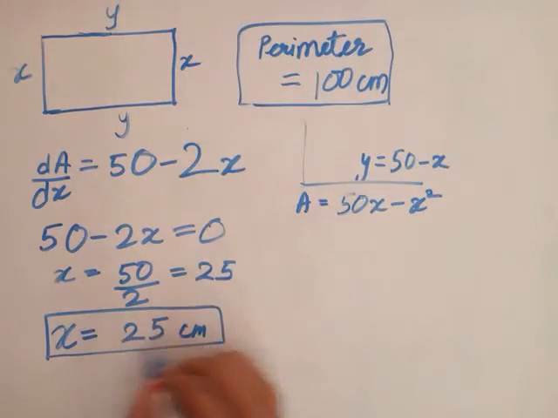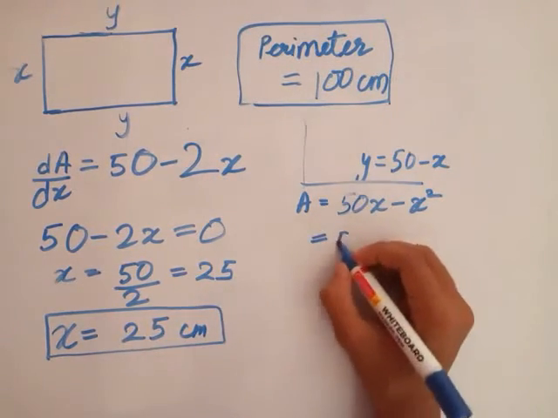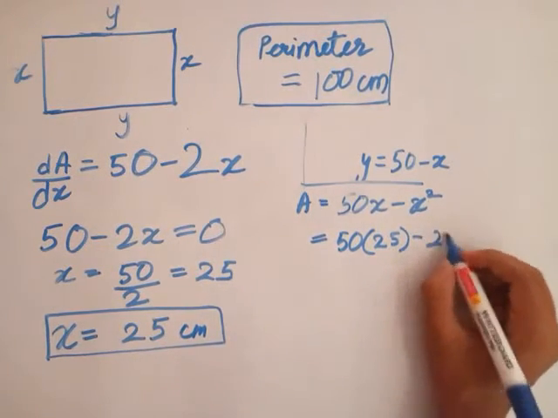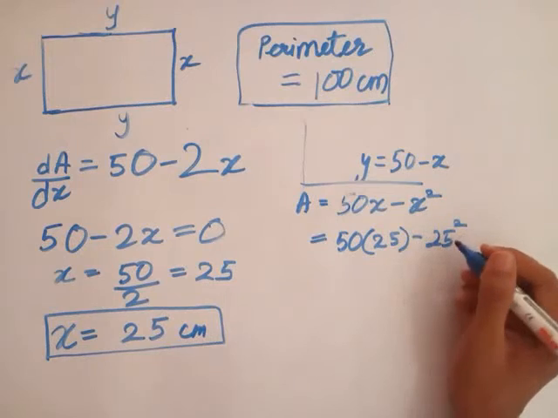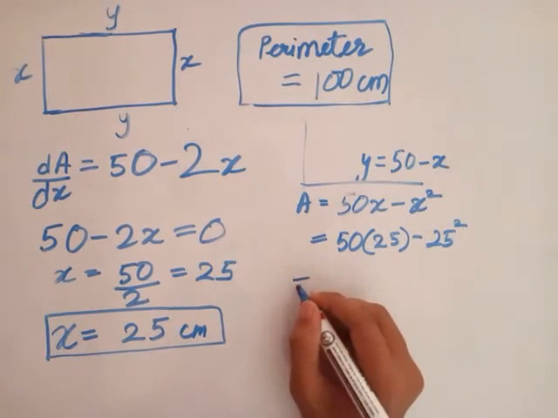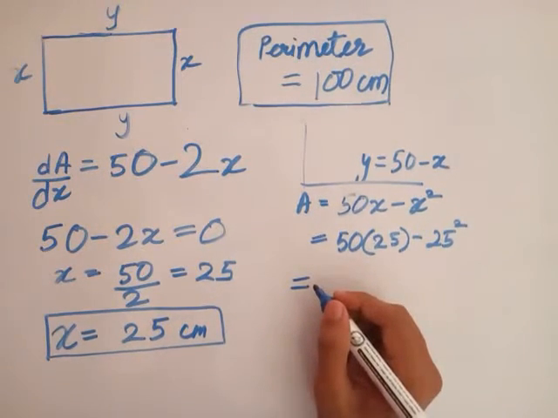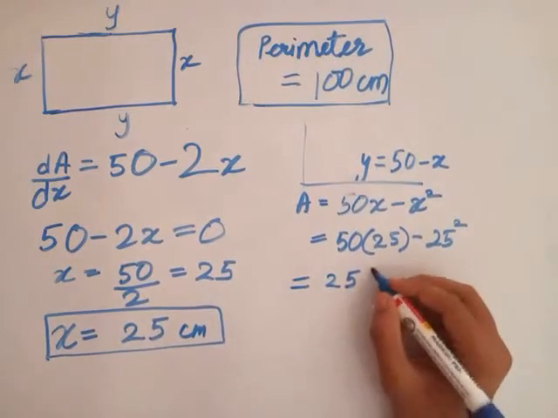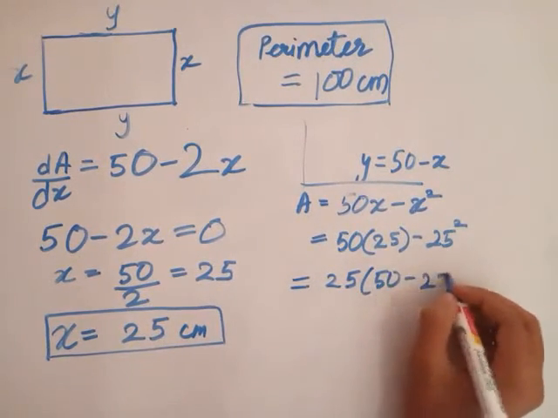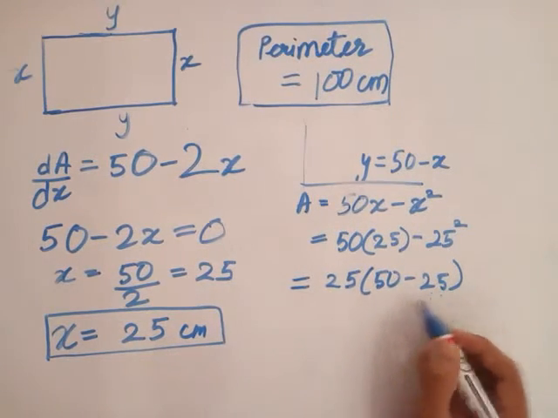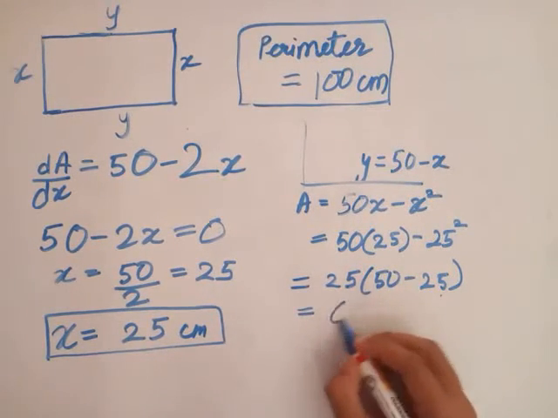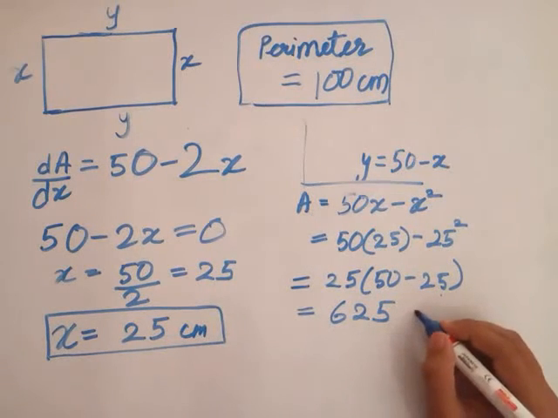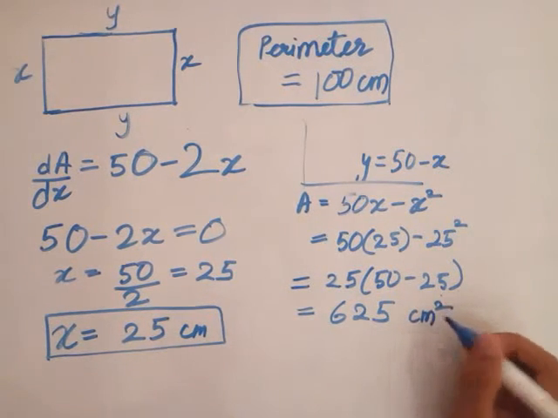Plugging in x equal to 25, we get 50 multiplied by 25 minus 25 squared. That's just 25 times 50 minus 25, which is 25 times 25, that is 25 squared, equal to 625 centimeter squared, since this is area.